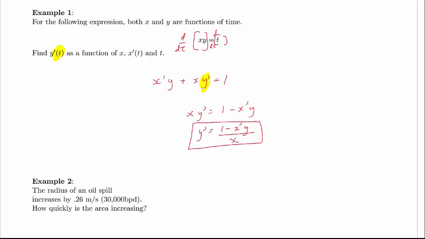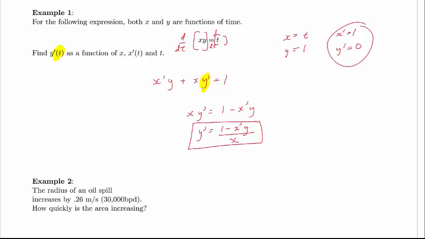Now, I want us to note, we've got this first expression up here, x times y of t. This will work for any functions of x and y that satisfy this expression here. So, for instance, if I said x equals t, well then y would have to equal 1 in order to satisfy that expression. And note that if you find x prime of t, that's 1, and then y prime is going to be 0.